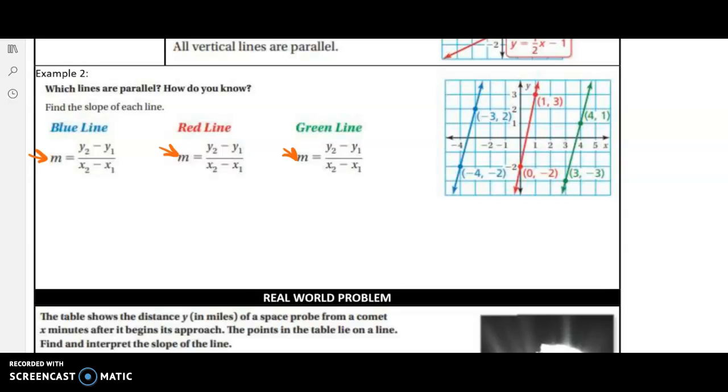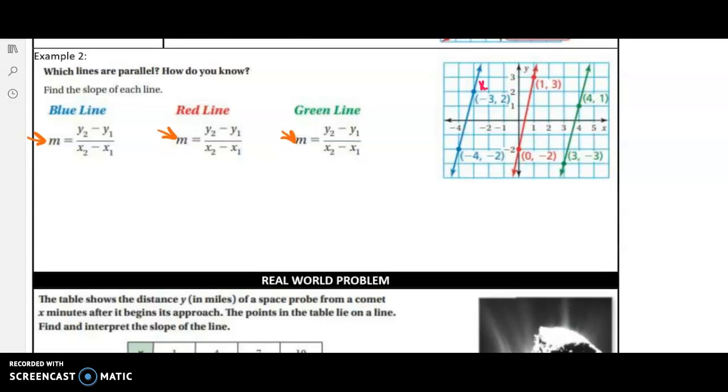So I'm going to label x2 and y2, x1, y1. So I have 2 minus negative 2, which means I'm going to add them, over negative 3 minus negative 4, which means I'm going to add those.